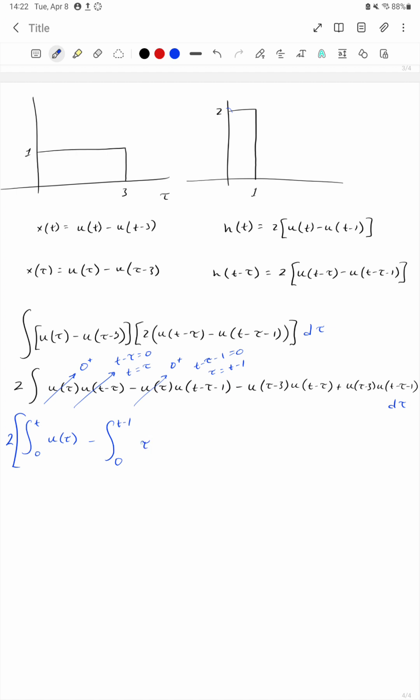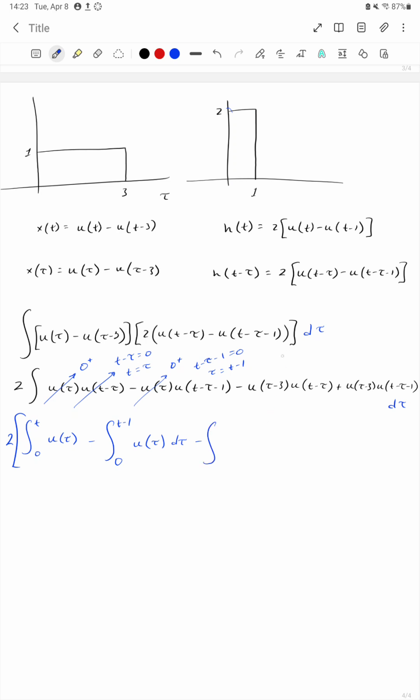And so what do you put in here? This is going to become t minus 1 minus 0, is really what's going to happen. So we can just put a u of tau here again. You can put d tau if you want.